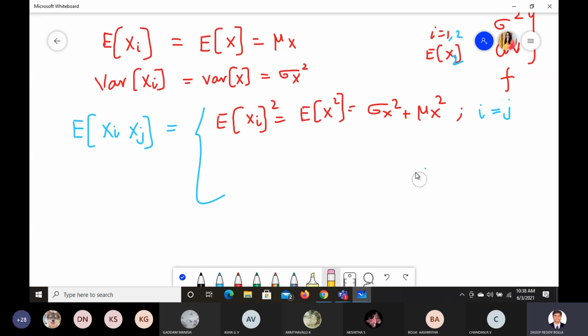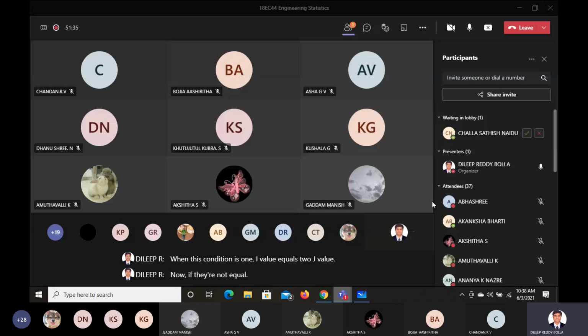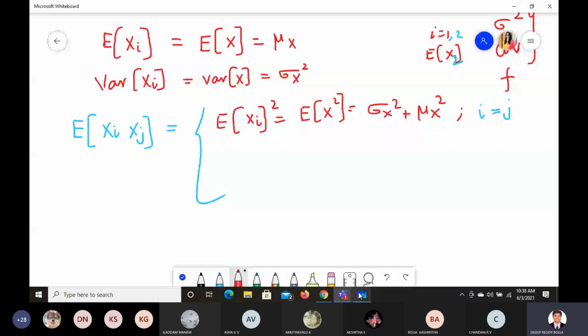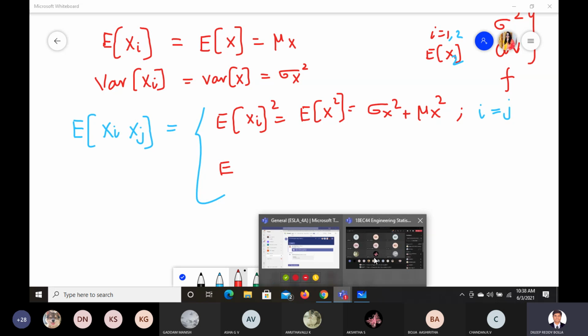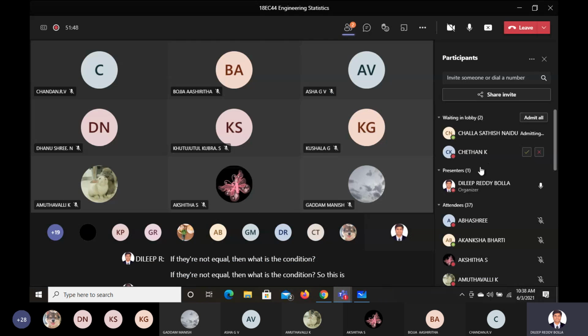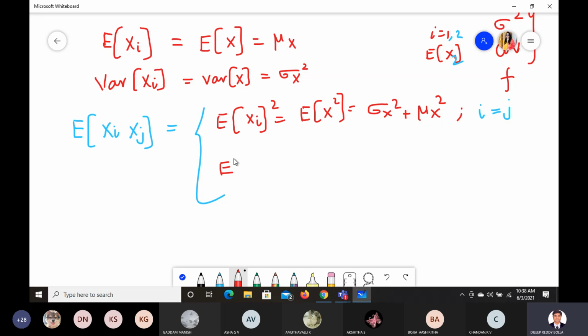Now if they are not equal, then what is the condition? This is the expectation of xi, which is one entity, and the expectation of xj is one more entity.